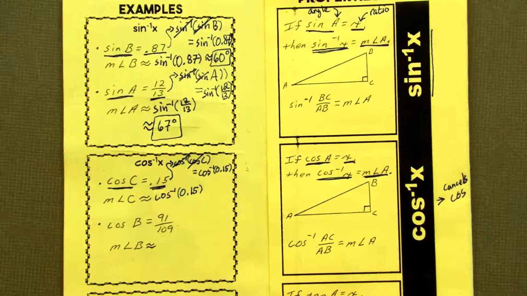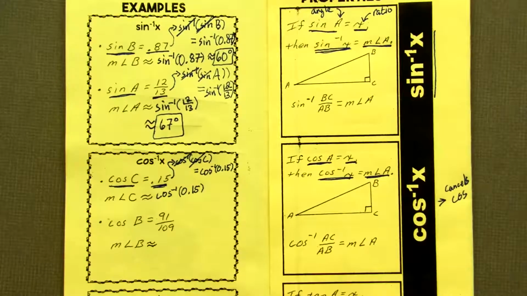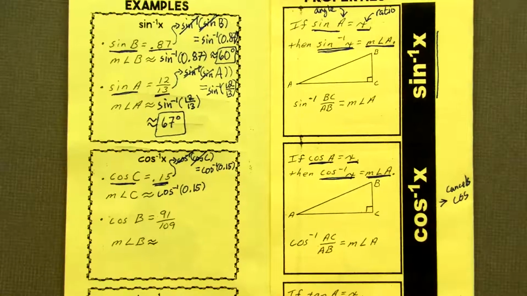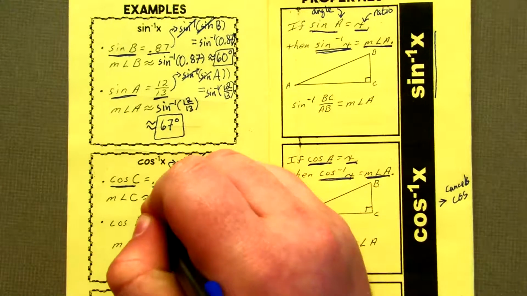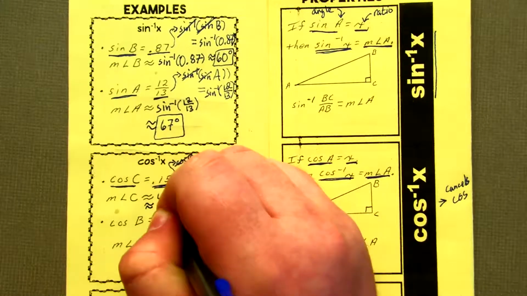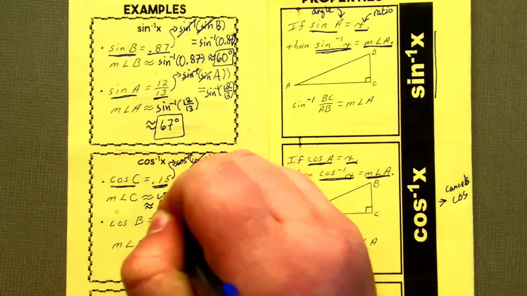Is everyone else getting 81? That's what I had as well. Perfect. So we can say that the measure of angle C is approximately 81 degrees.